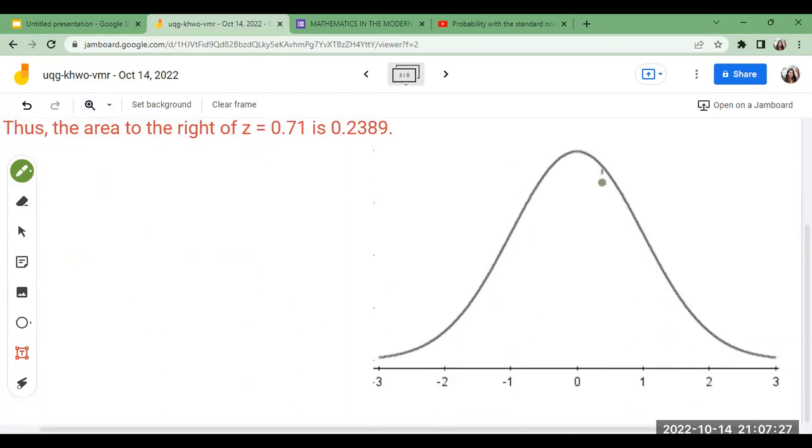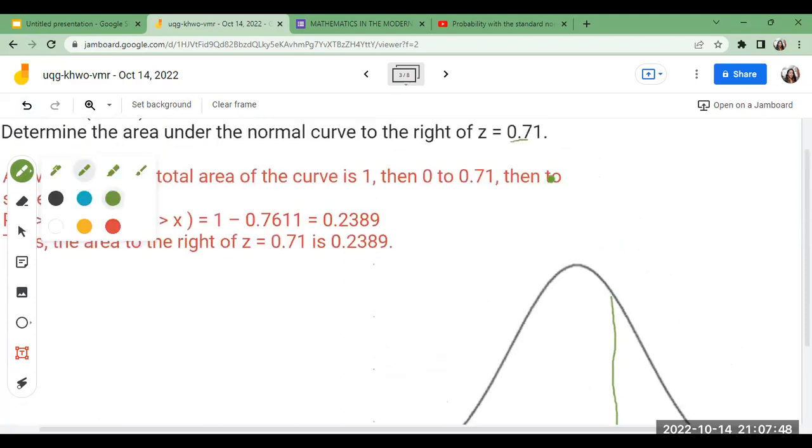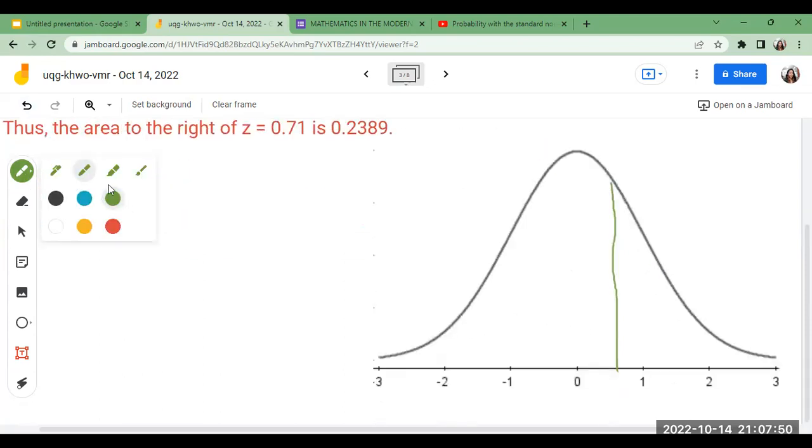So let's say it is in this part. And then it's to the right, so we shade the right part.